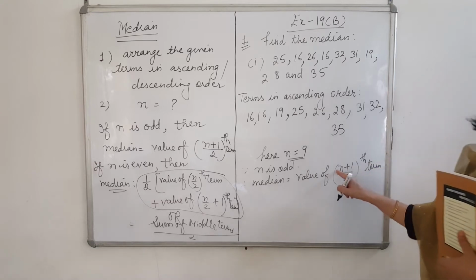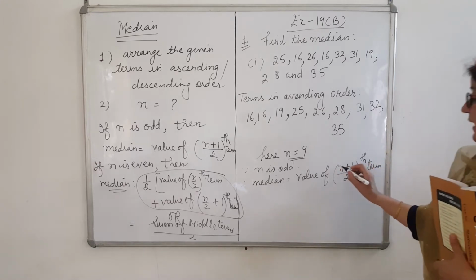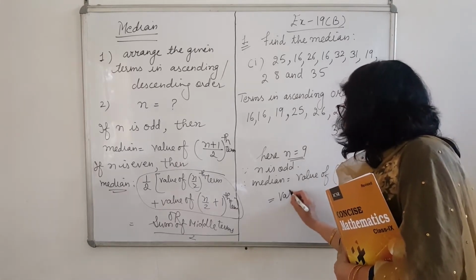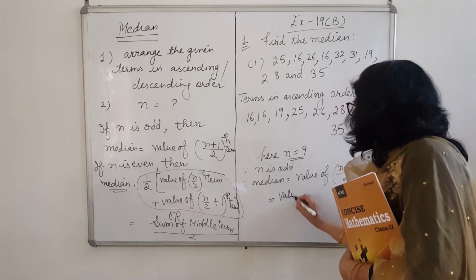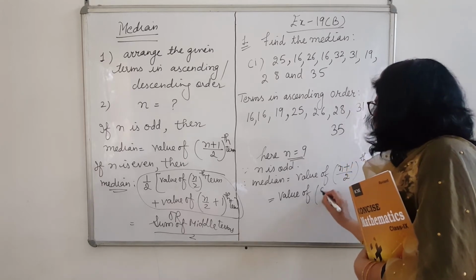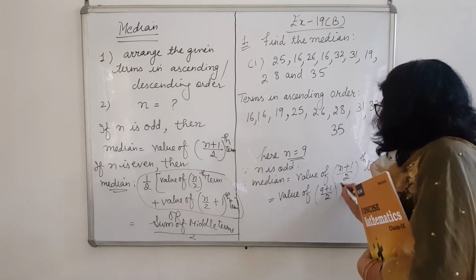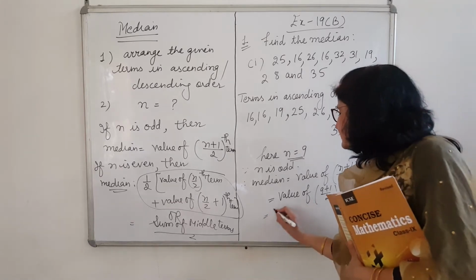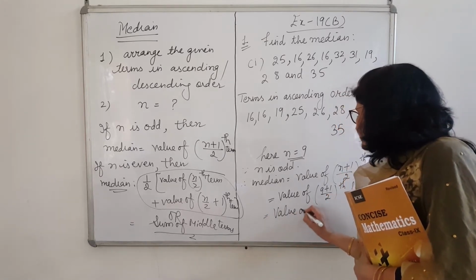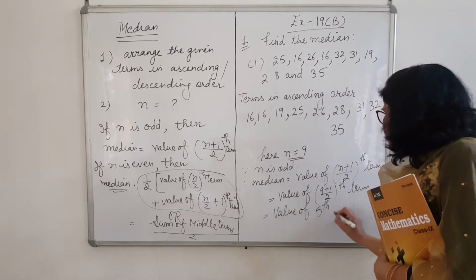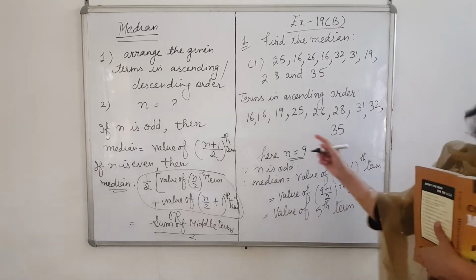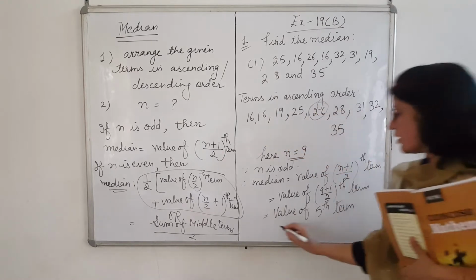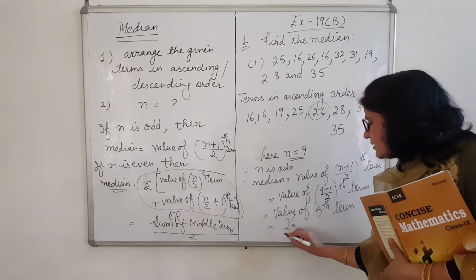Now what is n? 9. 9 plus 1, 10. 10 over 2, 5th term. Now see from here which is the 5th term. 1, 2, 3, 4, 5. So our median is 26.